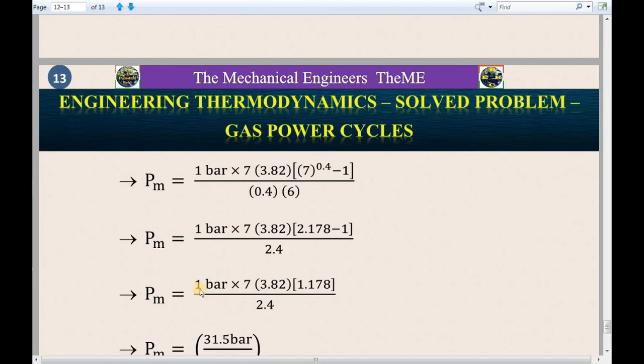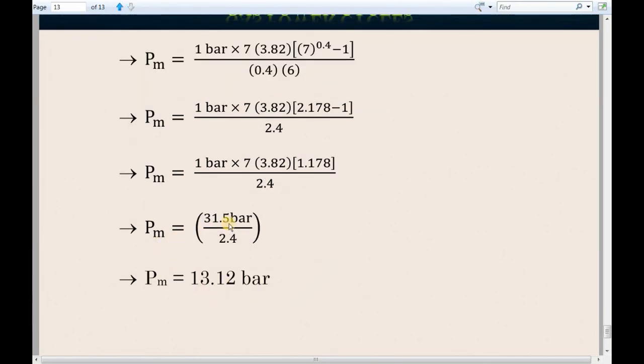In this numerator, 1 bar into 7 into 3.82 into 1.178 is 31.5 bar. So Pm is equal to 31.5 bar divided by 2.4. In this RHS, 31.5 bar divided by 2.4 is 13.12 bar. So Pm is equal to 13.12 bar, which means the mean effective pressure of Otto cycle is 13.12 bar.